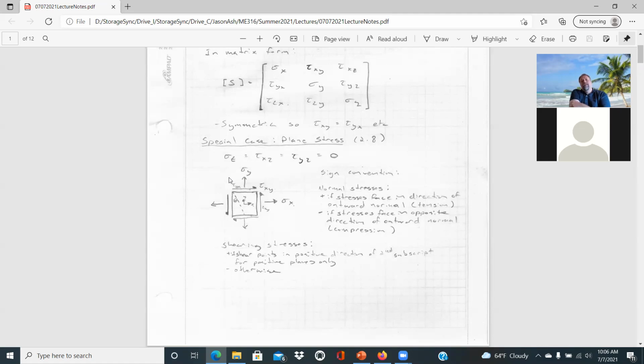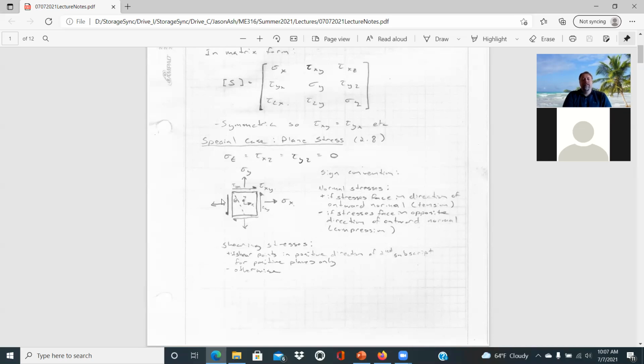What I always like to think about is the fuselage of an airplane, which is under some state of stress. If you cut a little square out, oriented on the XY plane, to keep it under the same state of stress you'd need these sigma X, sigma Y values and your shear stress values to maintain that state if you were to cut that section out.